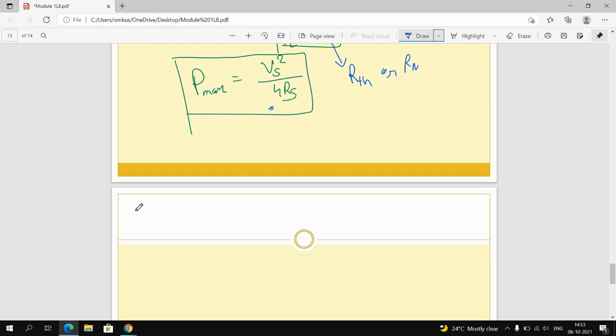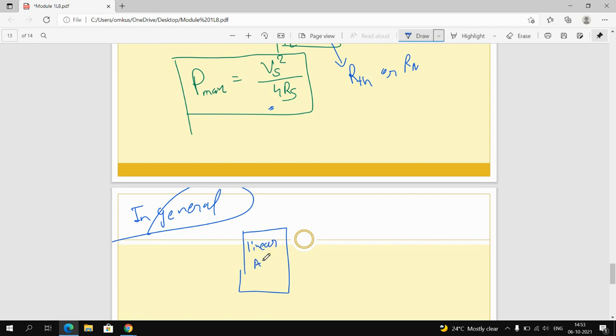Now in general, according to your statement, a linear active bilateral network is given to you, and one load resistance.